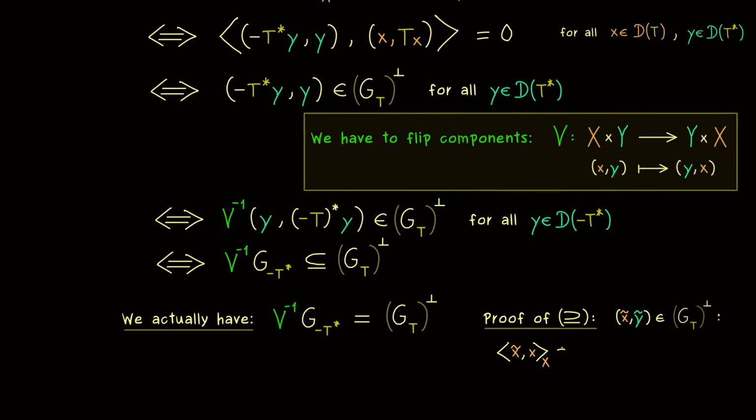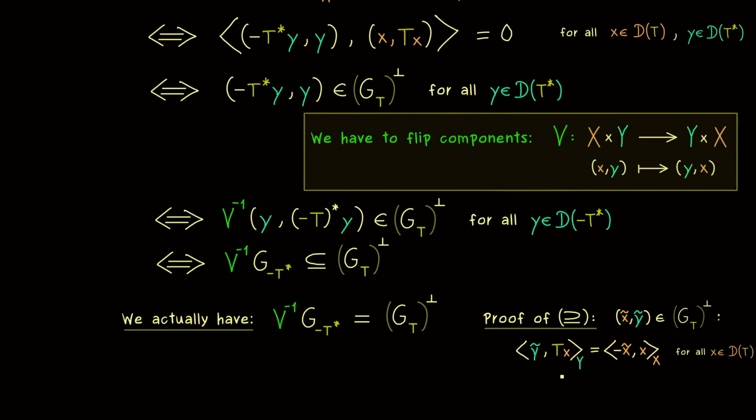So as before, we know that the addition of the two inner products has to vanish. And the graph of T tells us that this has to be correct for all x in the domain of T. And moreover, as before, we can also subtract one inner product and bring this to the right hand side. Then we have x tilde on the right hand side together with a minus sign.